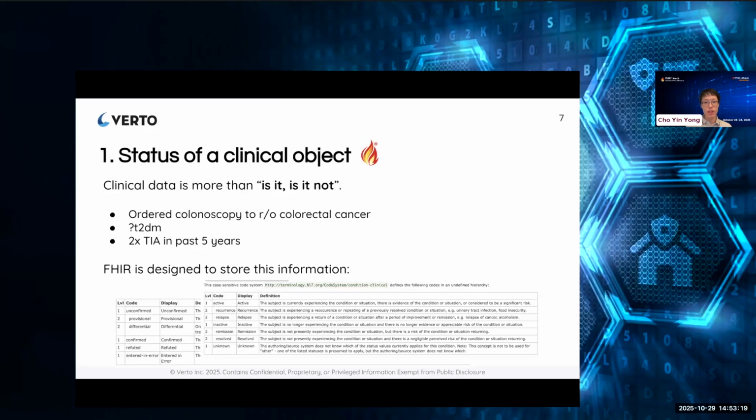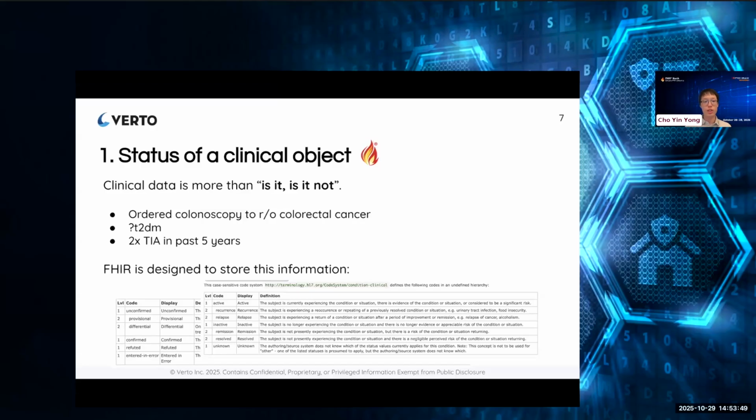So the patient indeed had the condition of a mini stroke, a TIA, but it's not a current problem. It was a historical problem. The patient is no longer experiencing the condition, but it is still worthy of being kept track of in the patient profile as a past history of illness. And FHIR very nicely is designed to store this information.